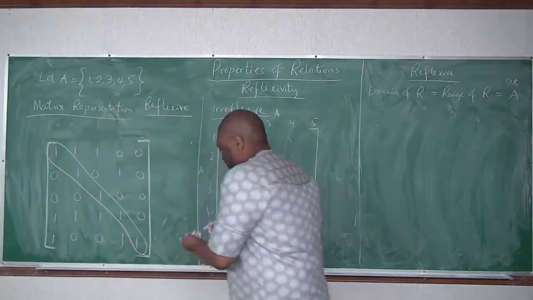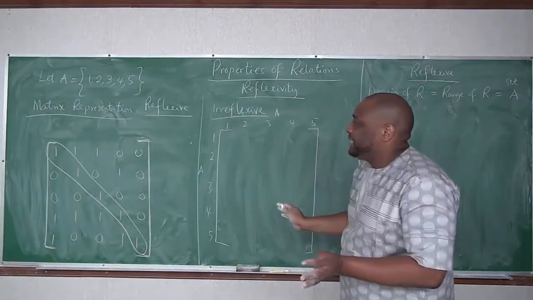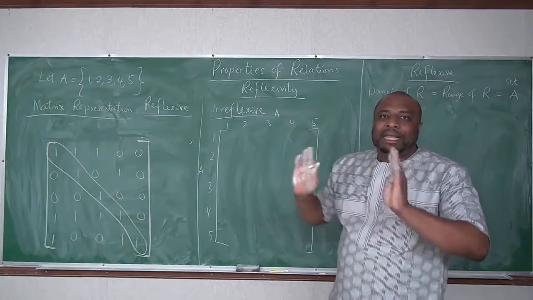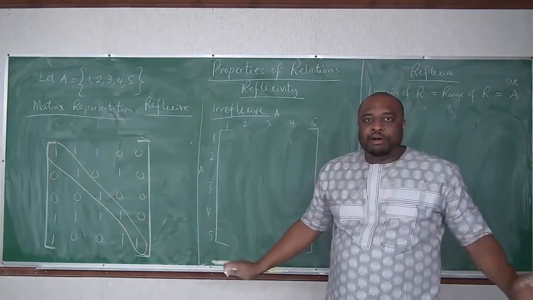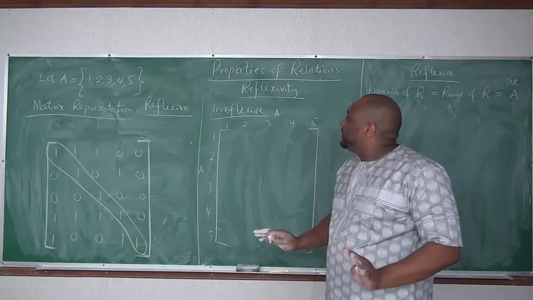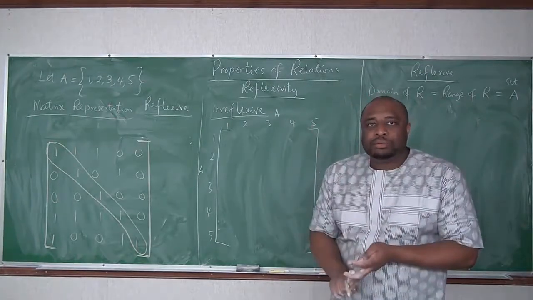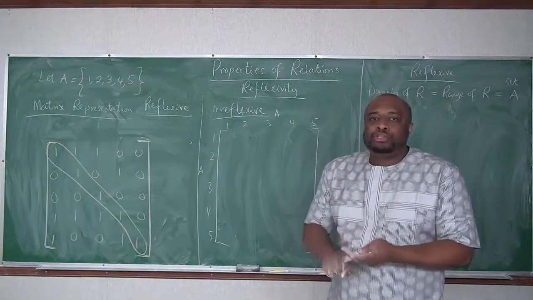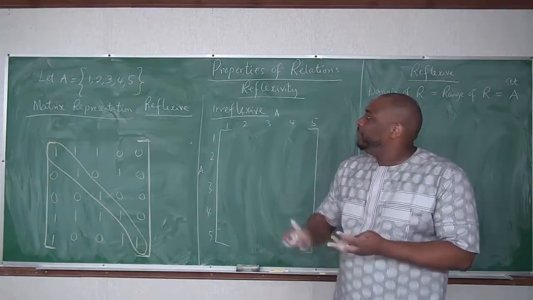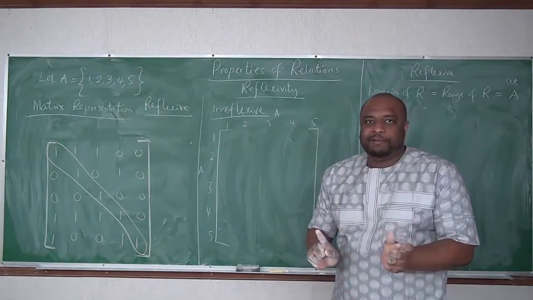So here, for irreflexive, that means none at all. The matrix representation means there's no 1, 1, no 2, 2, no 3, 3, no 4, 4, no 5, 5.